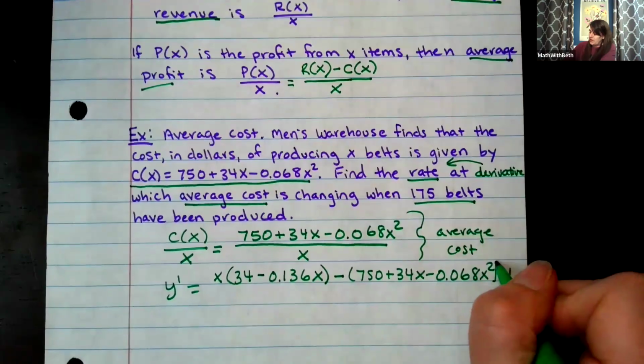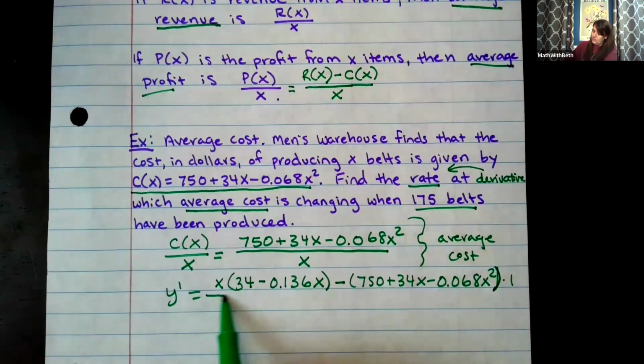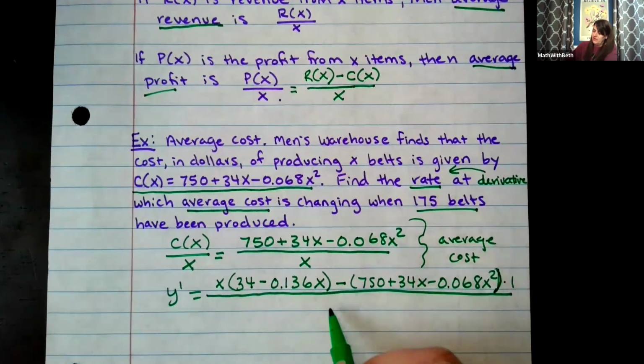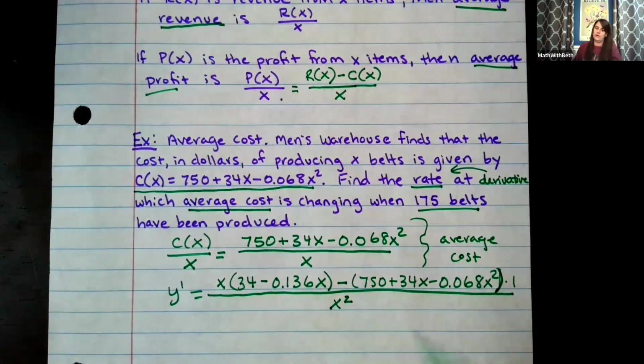So we don't even really need to write it, but there it is. And then don't forget, for the quotient rule, you then divide by the bottom function squared.